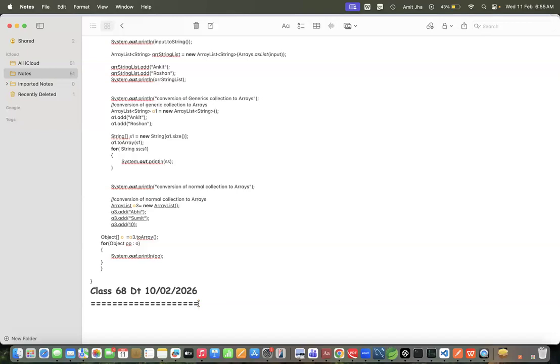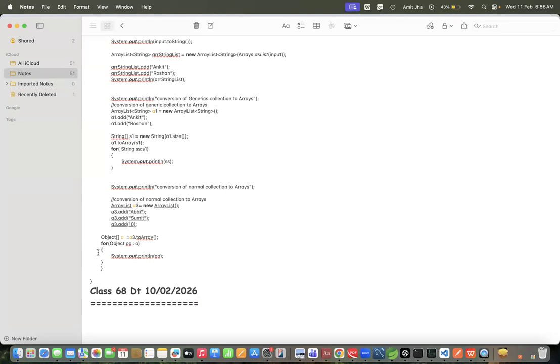So today I am going to start one new concept that is called what? Cursor. So you know very well how to read the data. If you have one collection, how are you going to read the data? You are reading the data with the help of for each loop also.